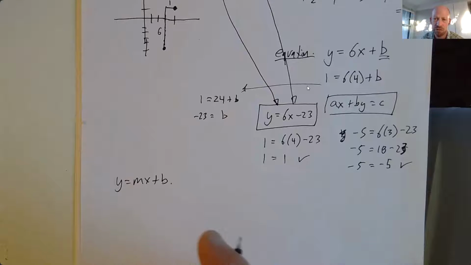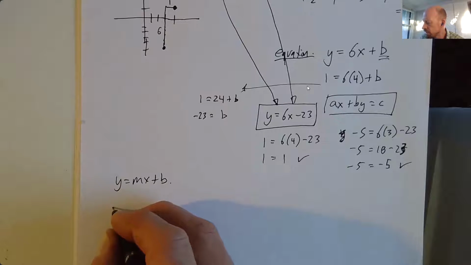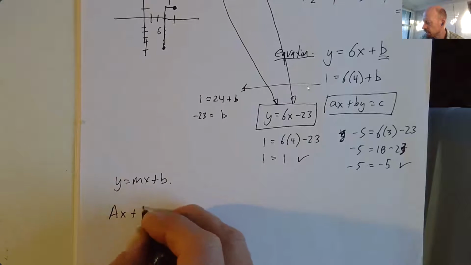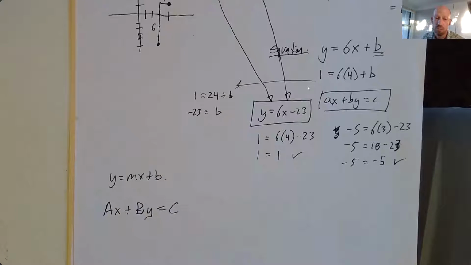There's a lot of advantages to having it in that form, but sometimes it's written like this, ax plus by equals c, which is another form of a line, and it has some other kind of properties. It can be easier to work with intercepts sometimes with this form, and some other things. So that's why they use it.